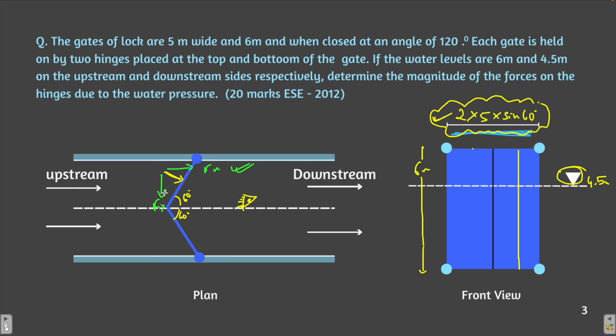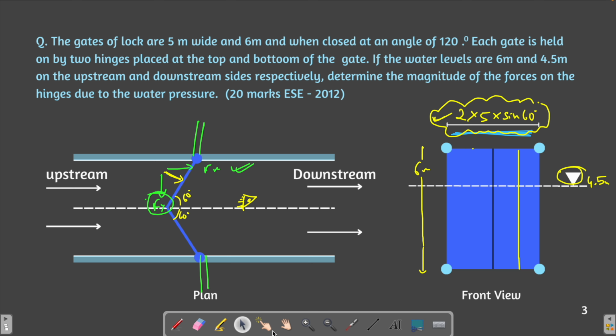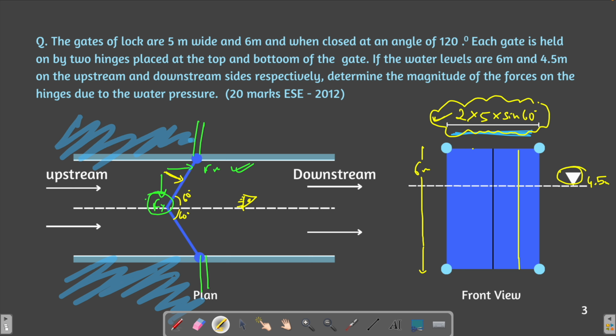And why will this force Fy be cancelled out? Because as you can see here, it's full of water. Let me just explain this. It's full of water over here, so everywhere it's filled with water. So anywhere the forces will cancel each other.